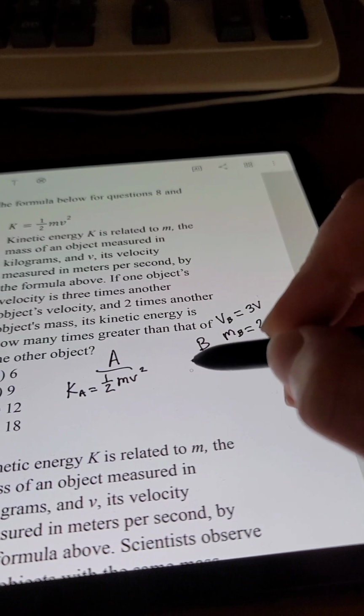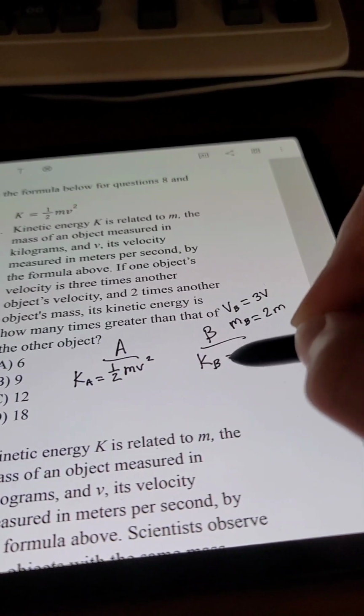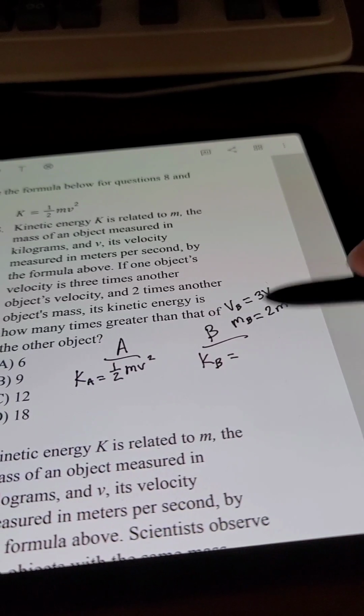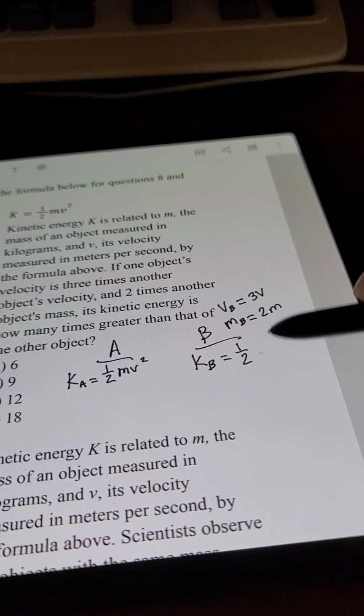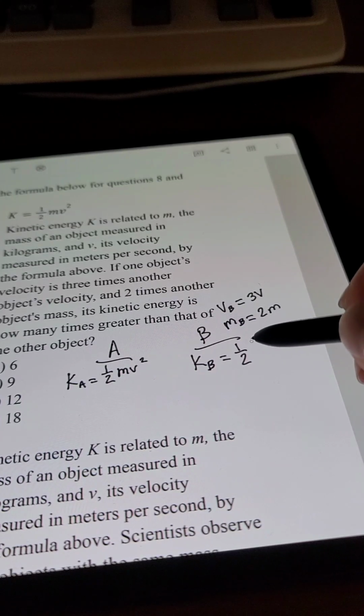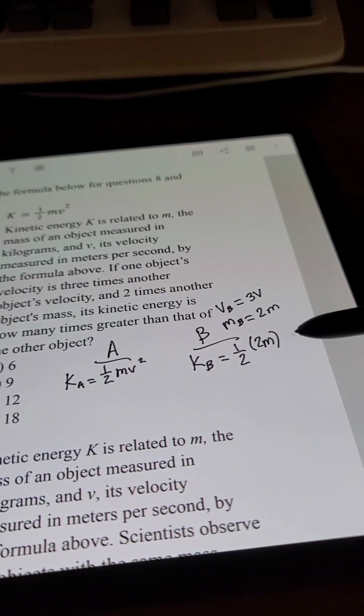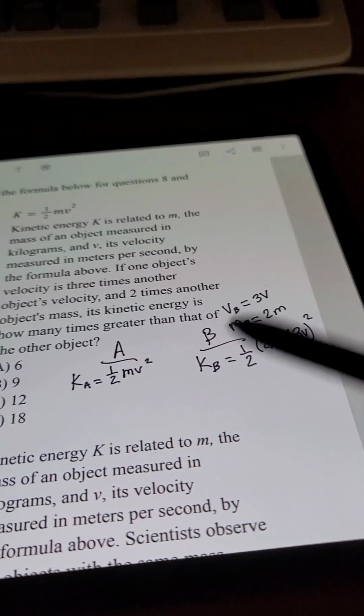So I'm going to say the kinetic energy for B, because kinetic energy is always equal to 1/2 mass. So the mass for B I can represent by 2m, and then times the velocity, which I can represent with 3v squared. So I have two equations.